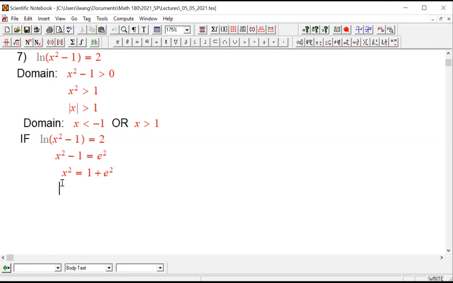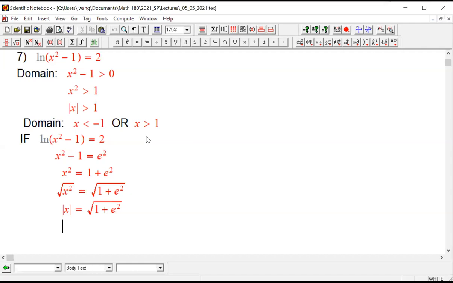You take the square root on both sides, and you end up with the absolute value of x equals the square root of 1 plus e squared.